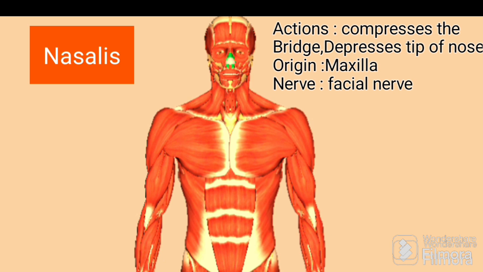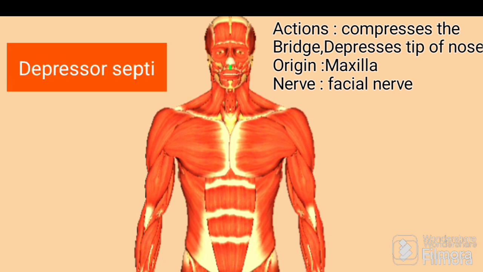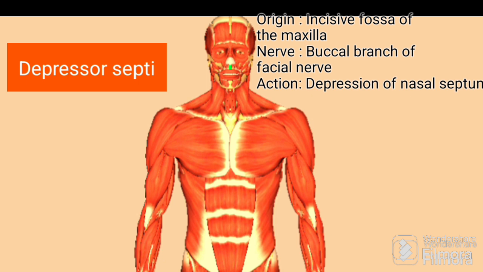The alar portion attaches to the alar cartilage of the nasal skeleton. Its action: the two parts have opposing functions. The transverse part compresses the nares and the alar part opens the nares. These muscles assist the alar part of the nasalis in opening the nostrils.